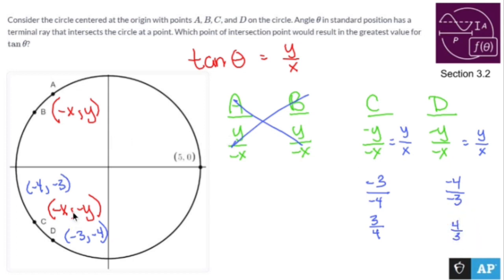So in this case, when the point is closer to the y-axis, my number is going to be getting larger. My tangent theta is going to be getting larger. So in a case like this, where I have a unit circle with a radius of 5, my answer is going to be D.